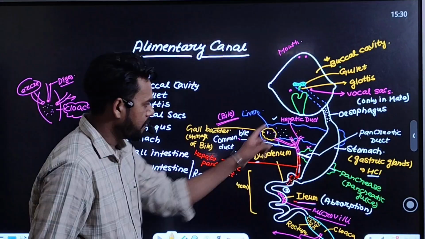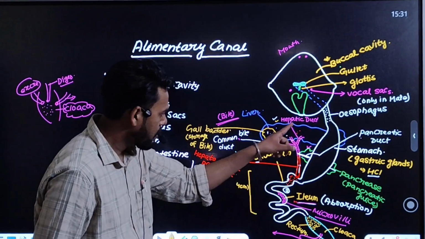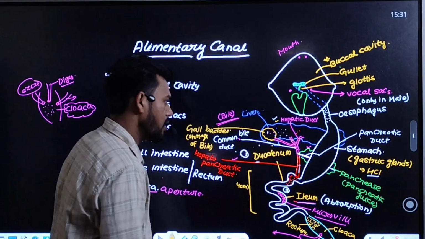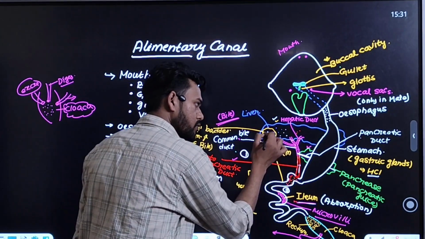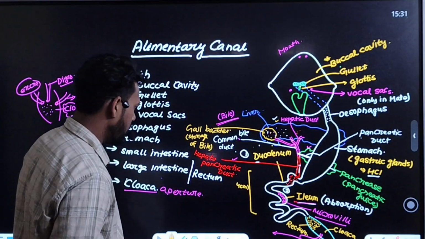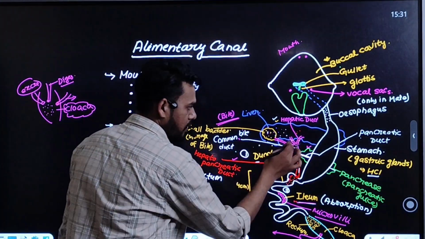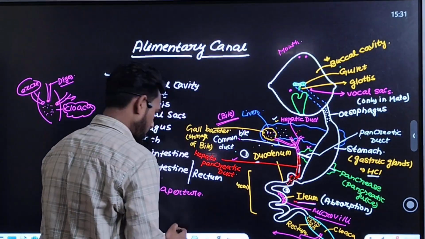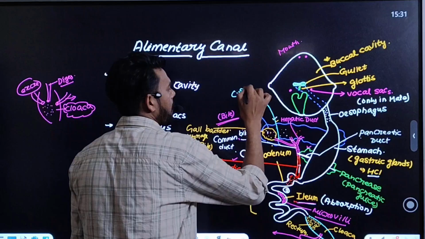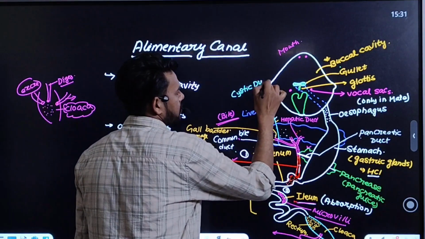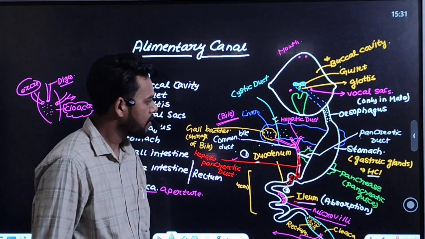When bile juice is secreted through the hepatic duct, it comes to that place, and from here it goes to the gallbladder where bile juice is stored. The duct of this gallbladder has a special name. This is called the cystic duct. The duct of the gallbladder is called the cystic duct.